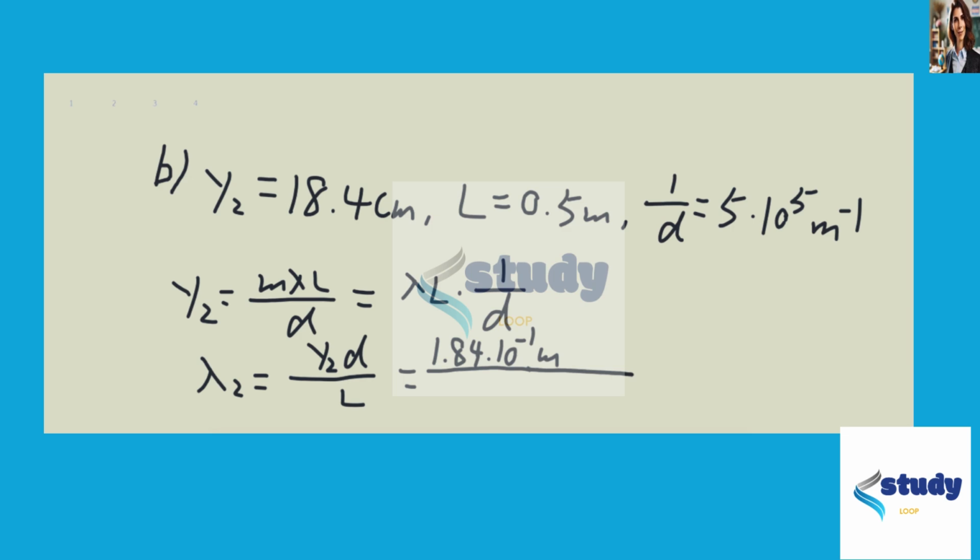And then times D, which I got before, which is 2 times 10 to the power of negative 6 meter. And then divide by L, 0.5 meter.